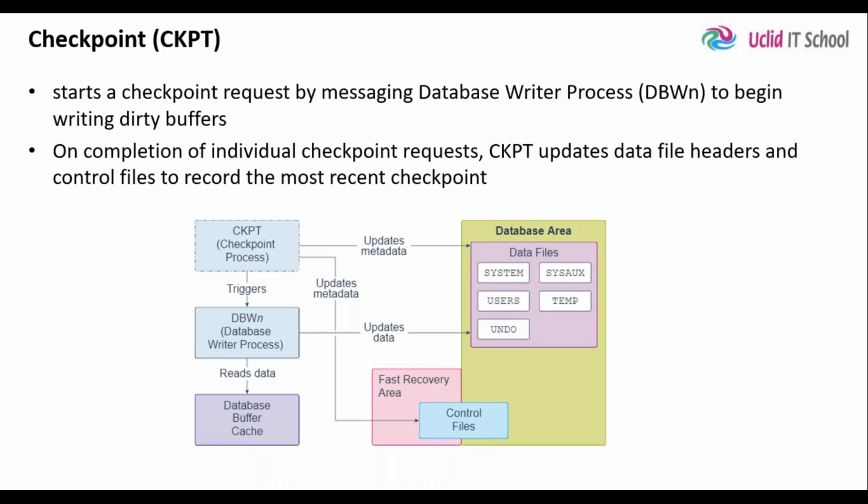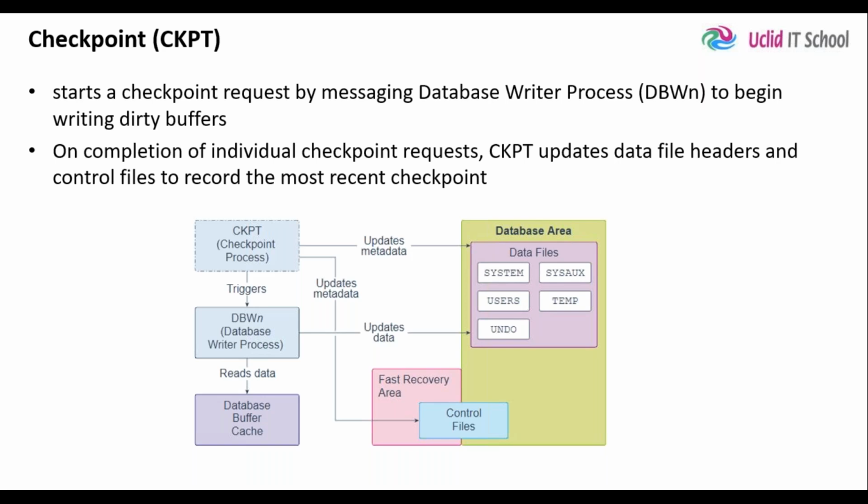On completion of an individual checkpoint request, CKPT, the checkpoint background process, updates the data file headers and the control files to record the most recent checkpoint. So this checkpoint information, when the last writing happened, will be recorded in the control file as well as the data file headers. So the CKPT background process does two things.